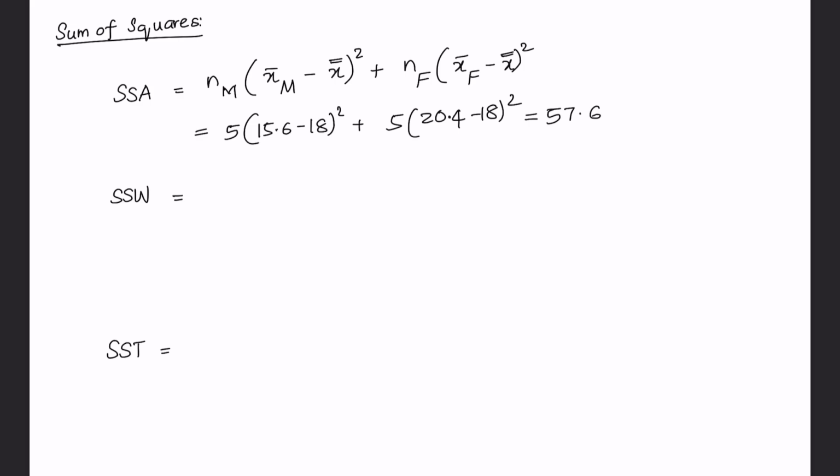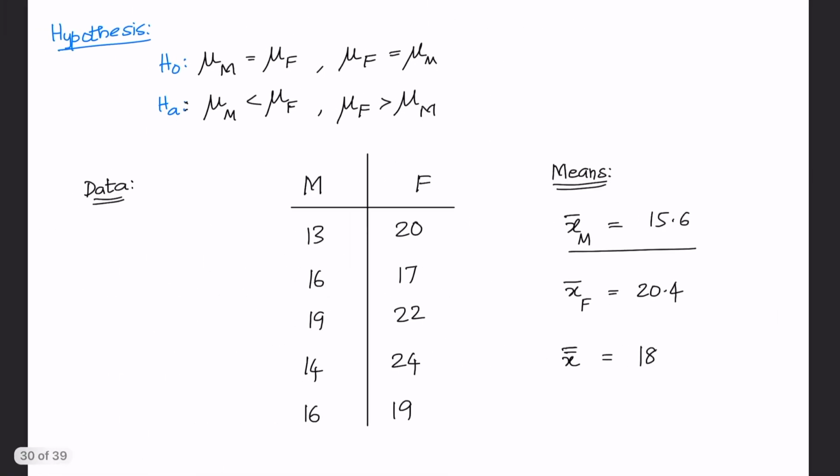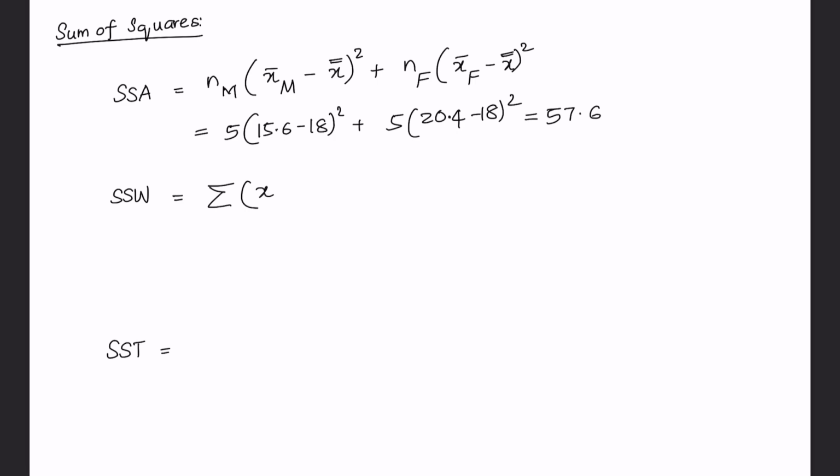Now, what would be the within sum of squares? The within sum of squares is sigma, the summation over all the individual observations, xi minus x m bar squared, right? So you have the values minus this particular mean.